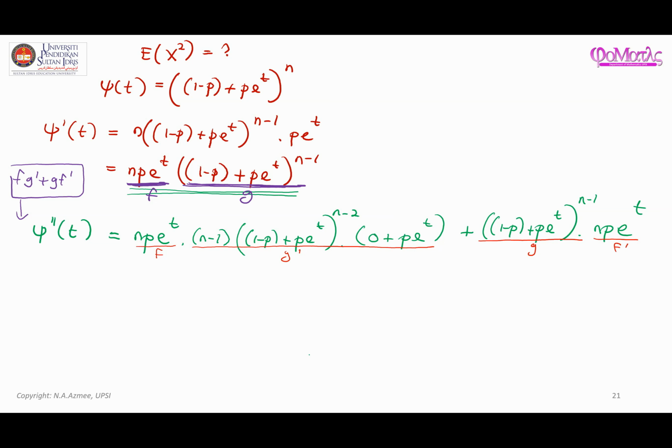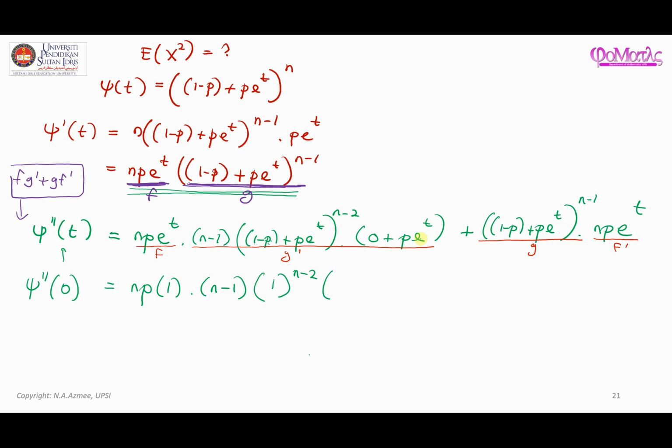Next, we substitute 0 into t. That becomes np, since e^0 is 1, times (n - 1), times (1 - p + p times 1)^(n-2), and 1 - p + p is 1, so it's 1^(n-2).